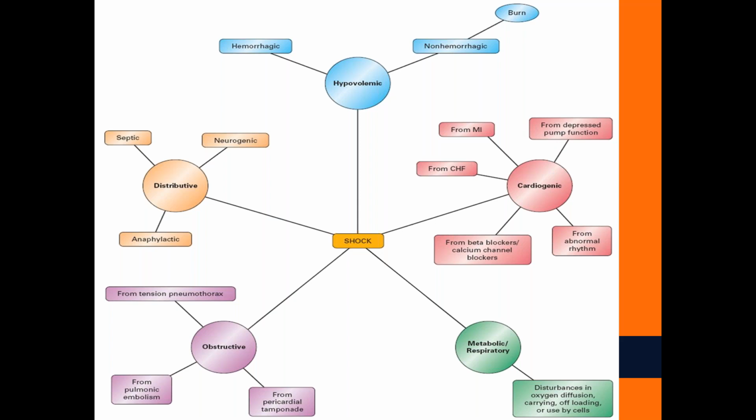Those non-hemorrhagic causes we talked about were burns, prolonged diarrhea, prolonged vomiting, even the world's worst sunburn, depending on patient's age and basic health, could cause some fluid shift problems and could cause our patient to be hypovolemic.